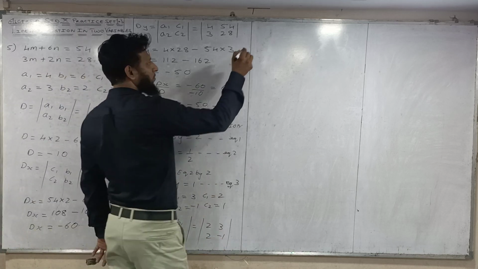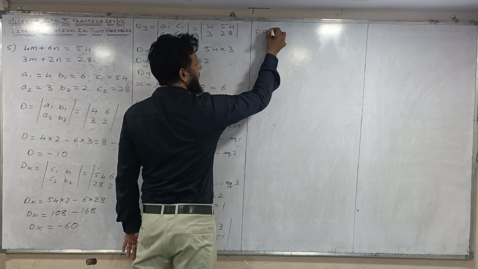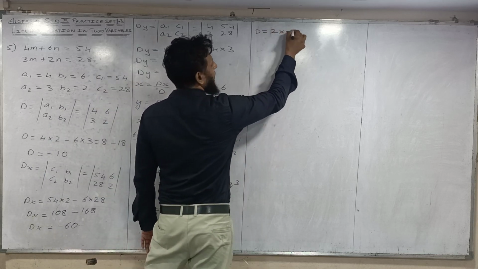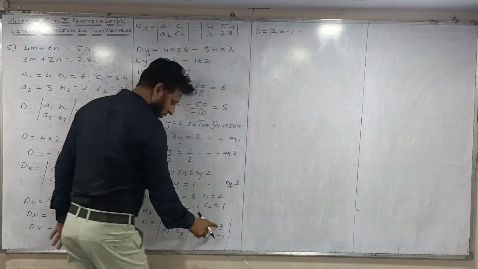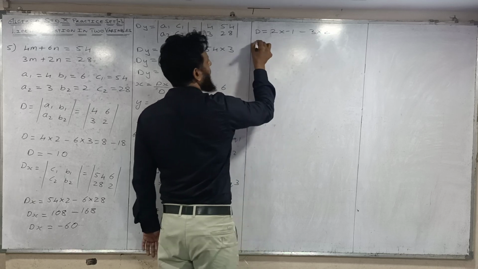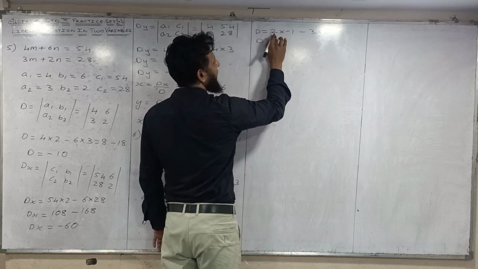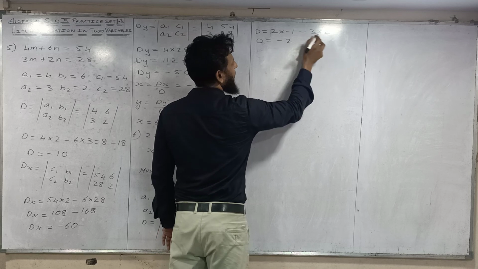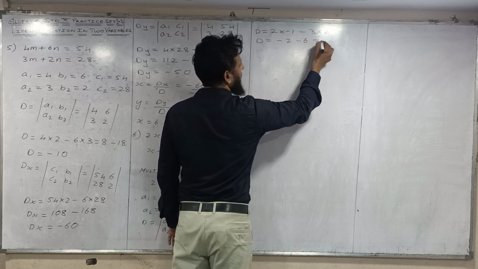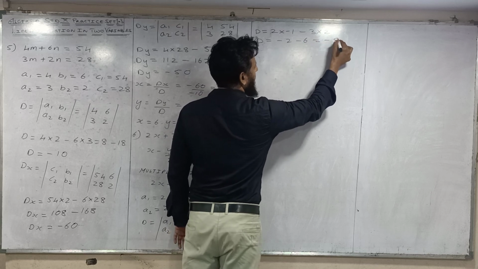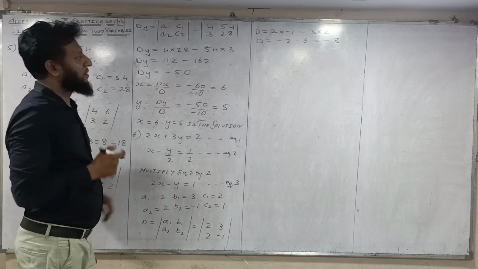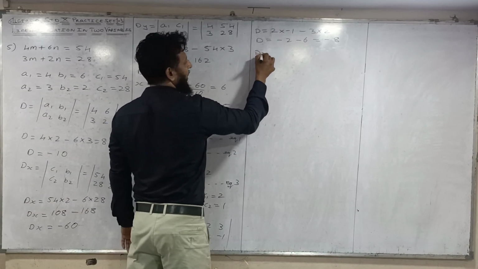Now d is equal to 2 multiplied by minus 1, then put the minus sign, 3 multiplied by 2. So d is equal to 2 ones are 2, plus minus minus 2, 3 twos are 6, plus minus minus. So d is equal to minus 2 minus 6, minus 8. So the value of d is minus 8.